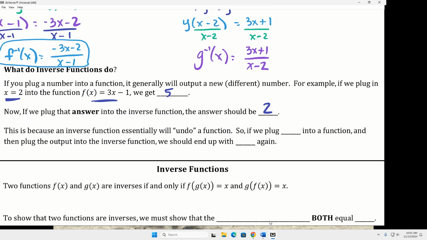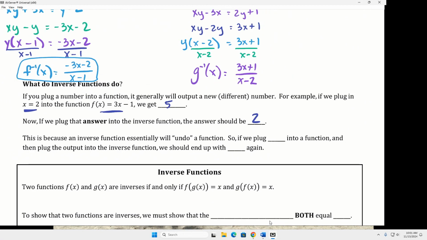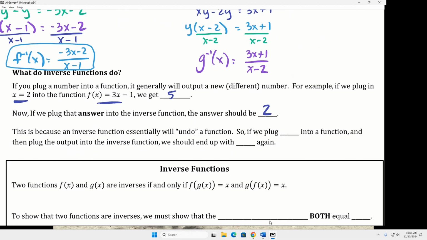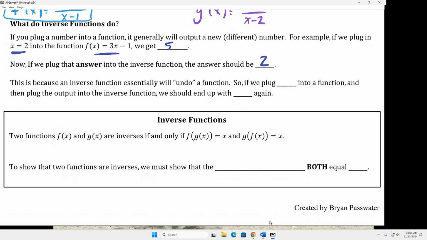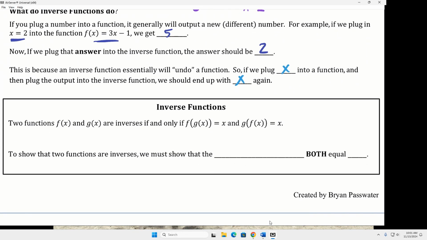All right, so because of this, there is a way that you can show that two functions are inverses. If we plug the x into the function, take that output, plug it into the inverse, we should end up with x again. So that's kind of like doing a composition.